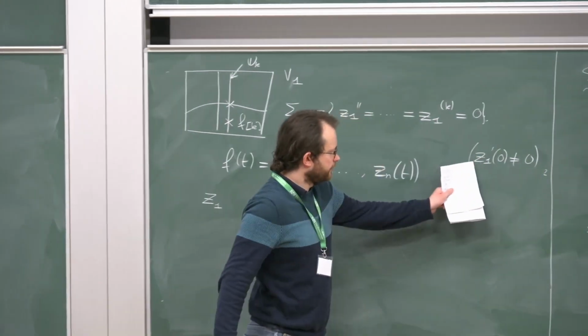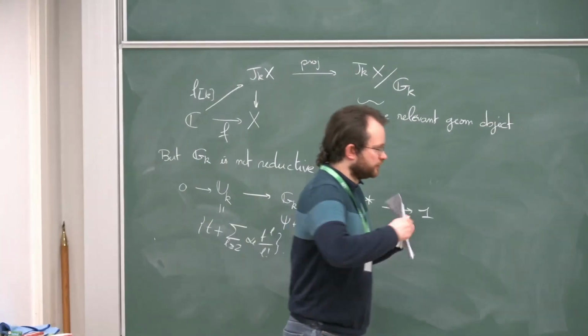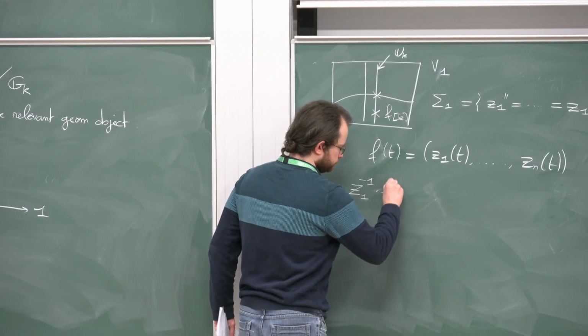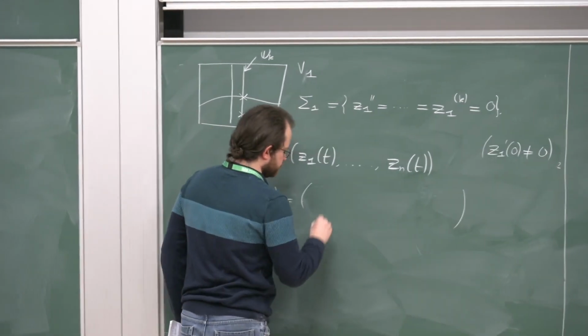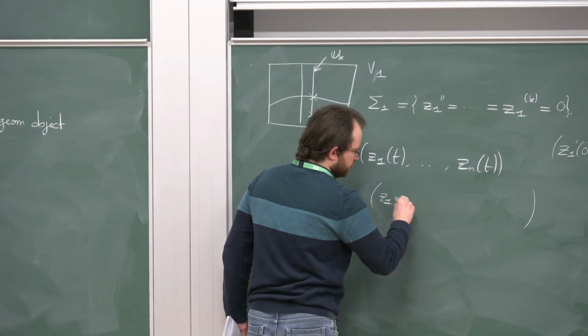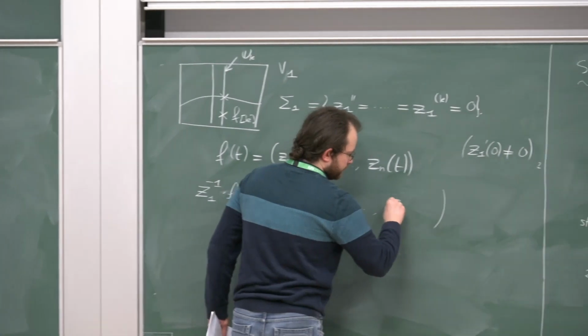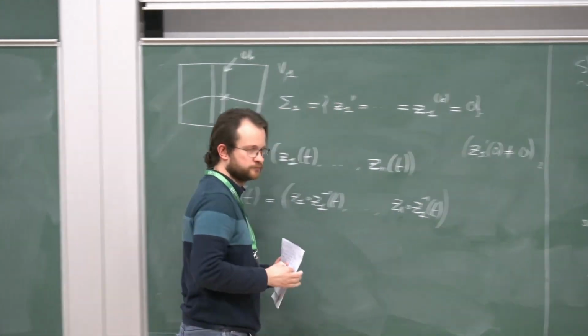So you are perfectly allowed to use z_1 as a reparameterization and invert the z_1 coordinate that way. So if you do that, you get z_1 ∘ z_1^{-1}(t), all the way up to z_n.